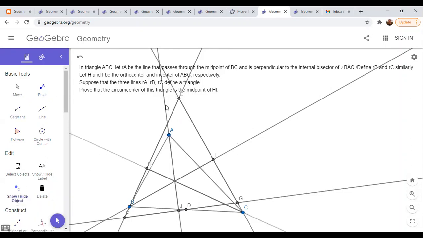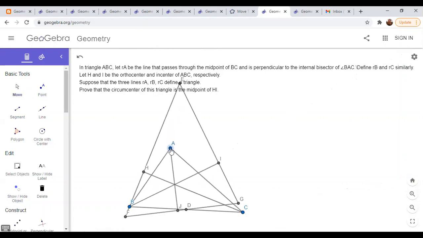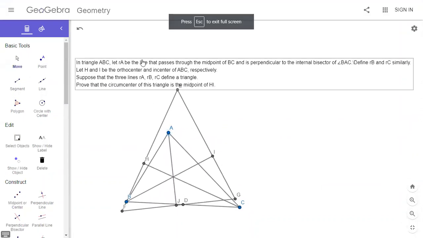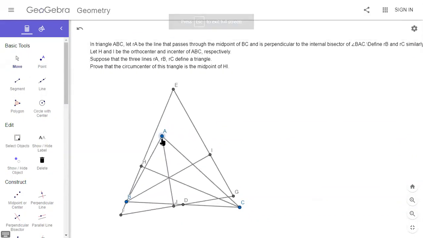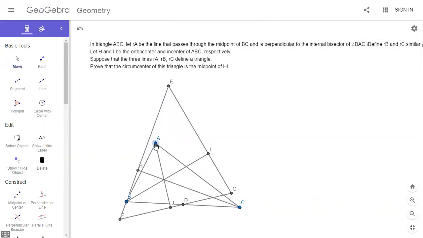Okay. Let's see how that looks. Let me make it full screen too. That would probably help. We want to prove that the orthocenter of the new triangle is the midpoint of HI.